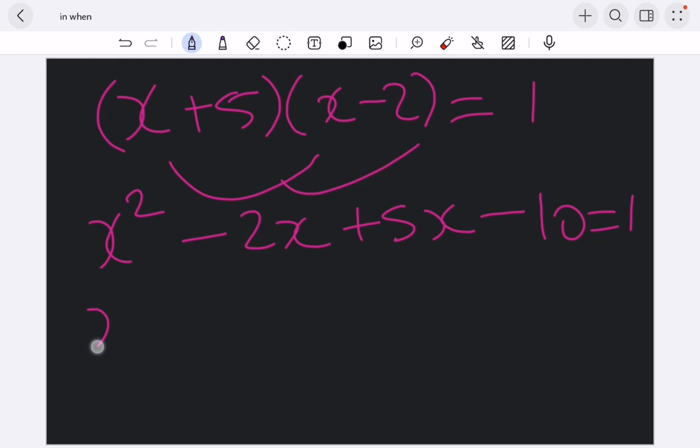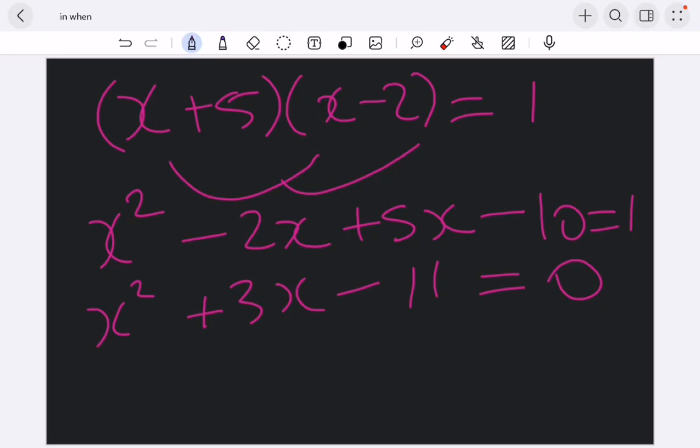Now you say x squared plus 5x minus 2x gives 3x, and then minus 10 minus 1 gives minus 11 is equal to 0.